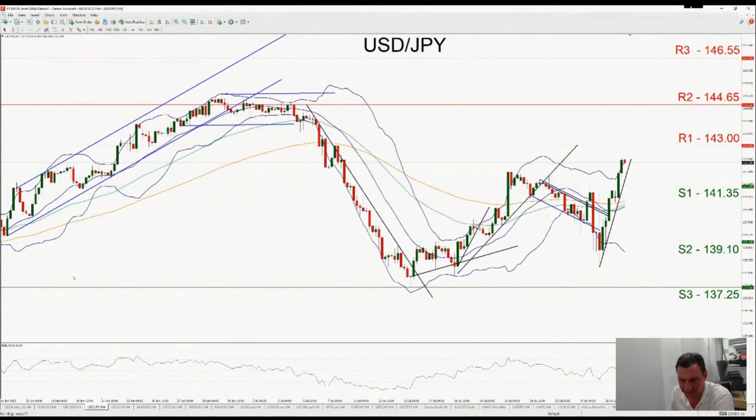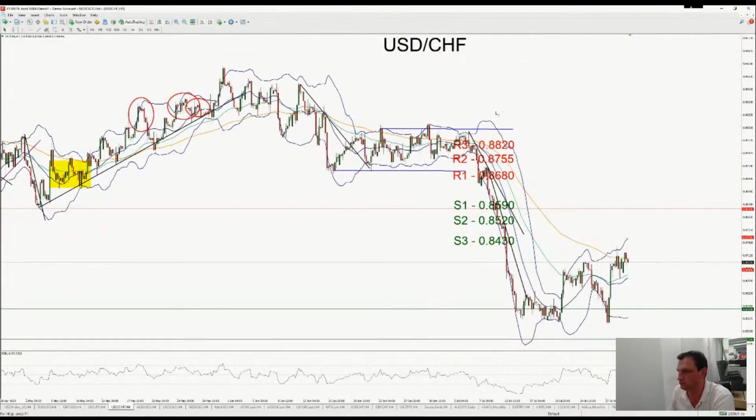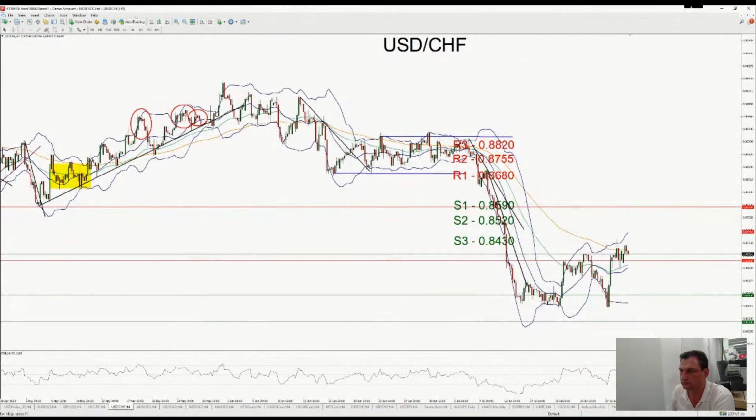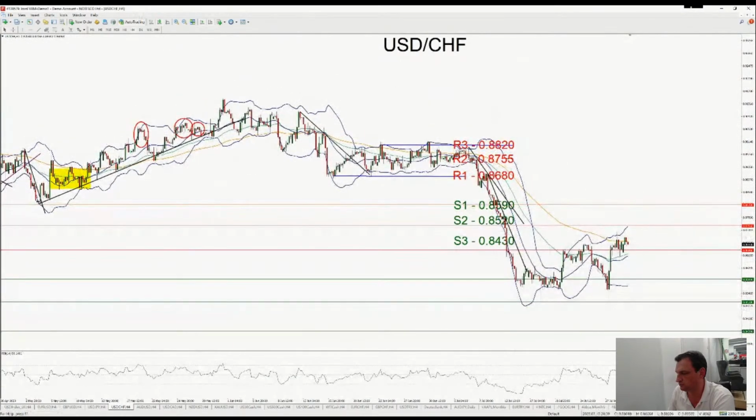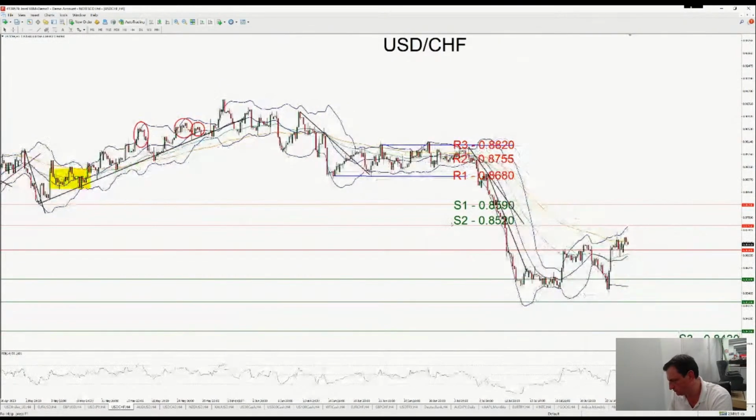Let's have a look at USD/CHF. Let's reposition the labels.